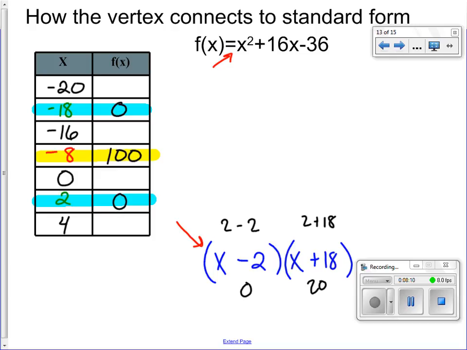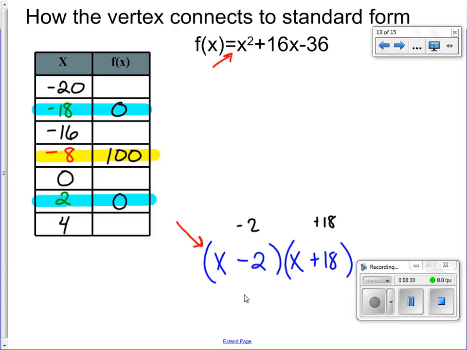Alright? So now it's just a matter of plugging in the rest of the inputs, so we can get our outputs and have a full table. So the smart thing, in my opinion, is if we plug in the numbers that are easier for us to manage.